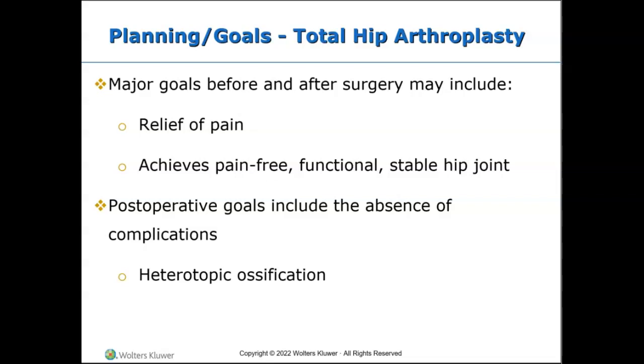HO can be conceptualized as a tissue repair process gone awry and is a common complication of trauma and/or surgery. I may have misstated this earlier. We do not want HO, heterotopic ossification, right? So the postoperative goal is to ensure that it does not occur, because it can occur after surgical repairs. And trauma too can cause heterotopic ossification. But again, we want to prevent formation of extraskeletal bone in muscle and soft tissue. Okay?